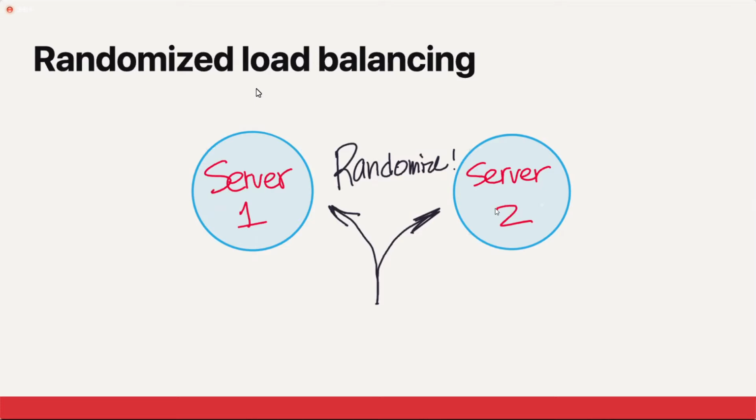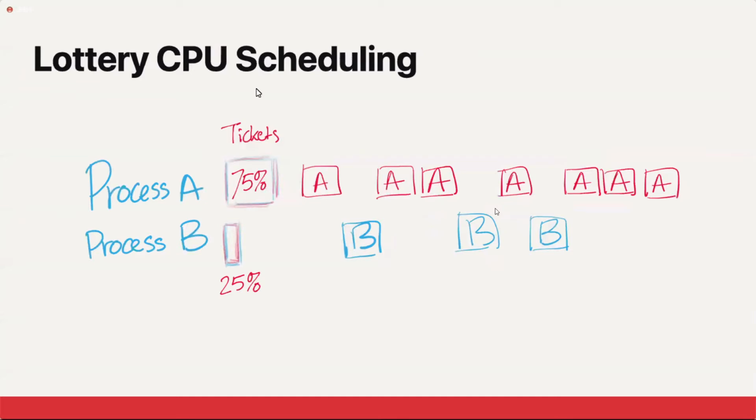Another example in a completely different category would be lottery CPU scheduling. This is a very simple scheduling discipline inside operating system design, used when we try to share the same CPU among multiple processes.